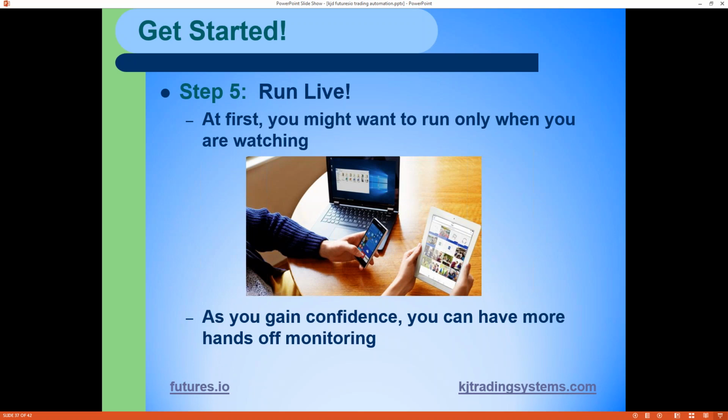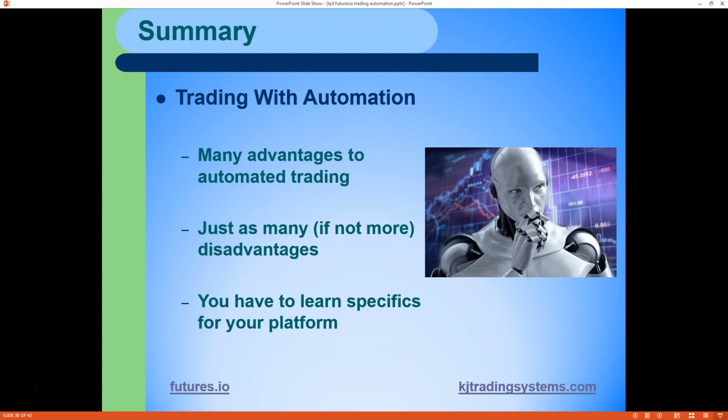That's what I do a lot of the time. I'll remote in to my main computer and see how I'm doing. Maybe you'll run on a private server, and then you can just remote in and check your positions. So you don't have to be glued to the screen, which is obviously one of the advantages of it. Okay, so that's really it.